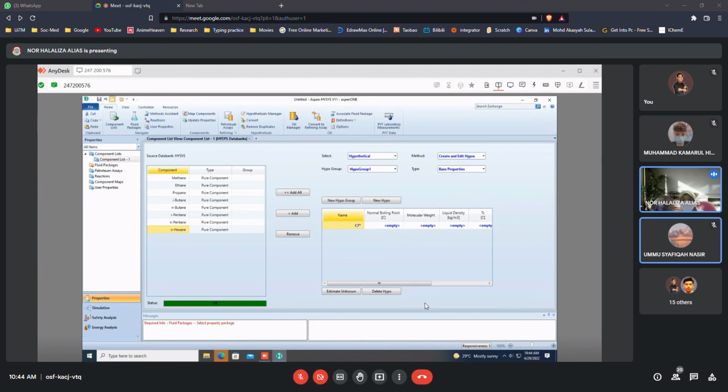Kat mana nak bubuh properties ni, boiling point of C7 star? You perasan kat sebelah ni ada nama boiling point dengan molecular weight. Nampak tak? Yeah. Masukkan value boiling point 110, make sure it is degree C. Enter.